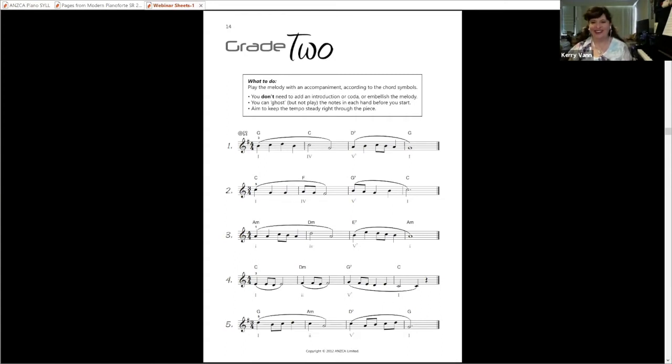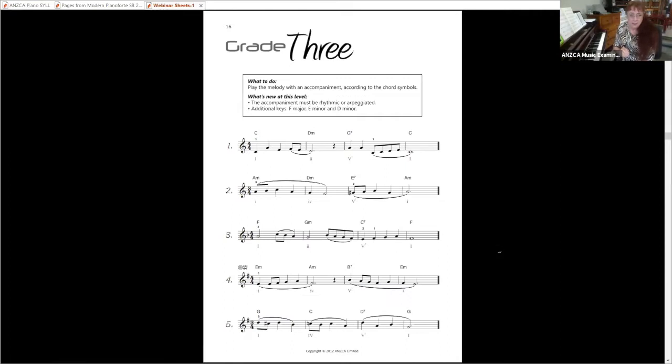Awesome. Okay. So now, if you do grade 3, it's asking for an arpeggiated bass. I like to get value out of this book. When the students come along and we've done the grade 2 exam and they're heading up for the grade 3 exam, I say, the book we were using, just go to your grade 2 and we'll start there. They start off by just doing the chord.